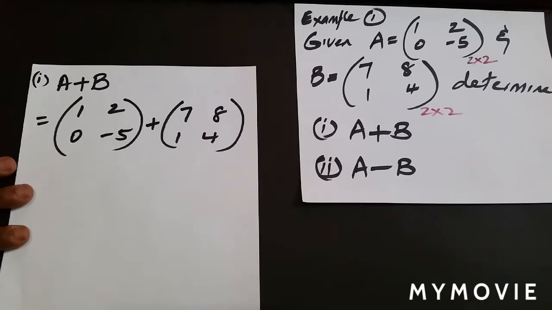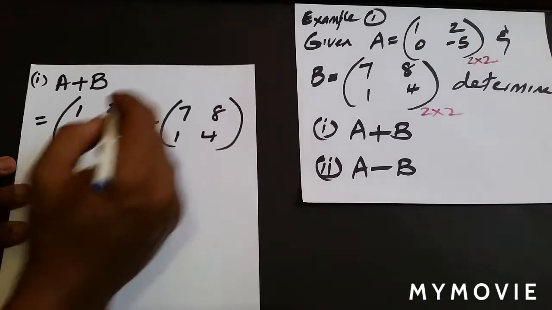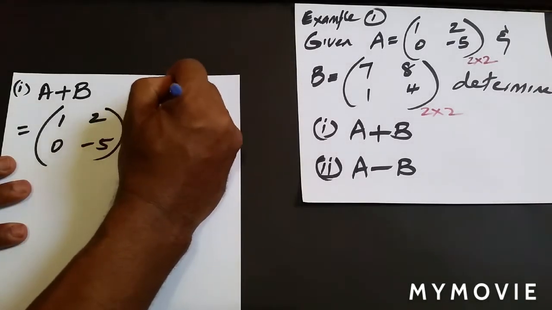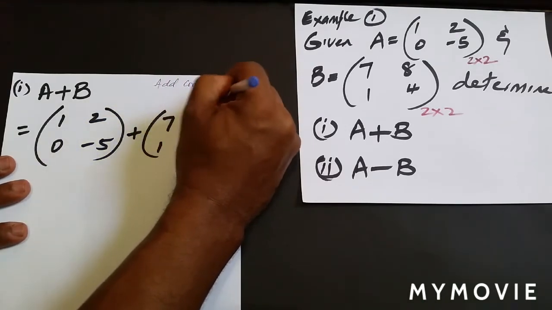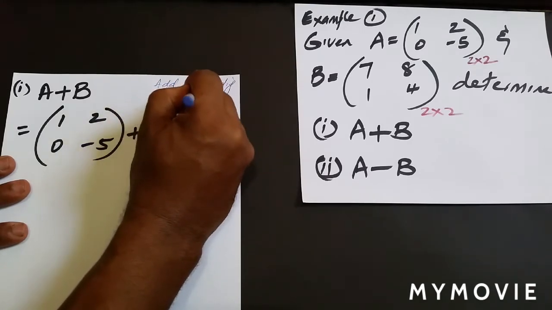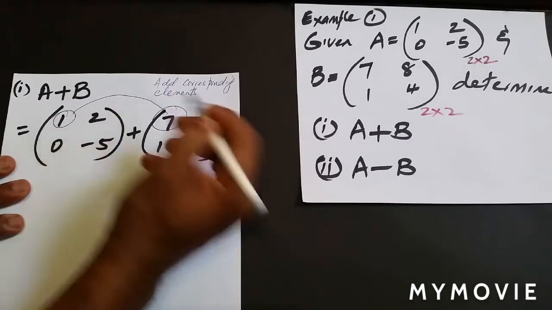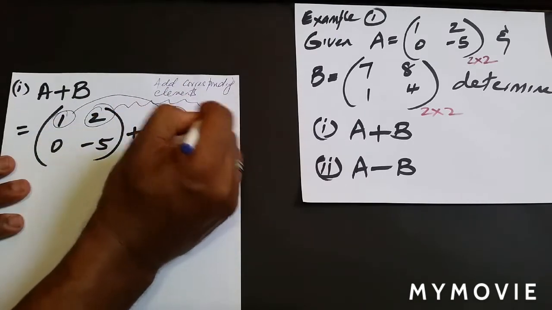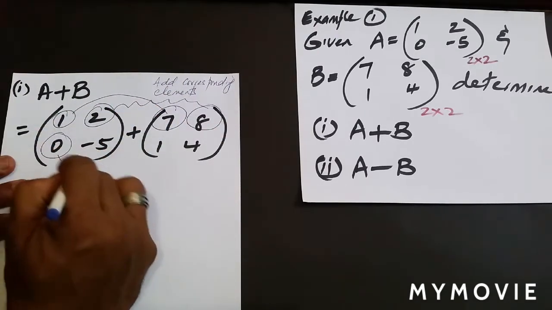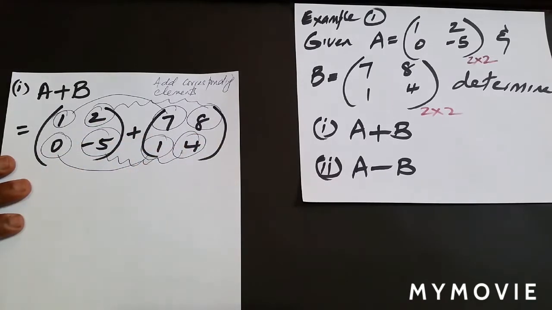In order to add these matrices, we're going to add the corresponding elements. What do we mean? This element here corresponds with that element. This element corresponds with that one. This element corresponds with this, and this element corresponds with that.